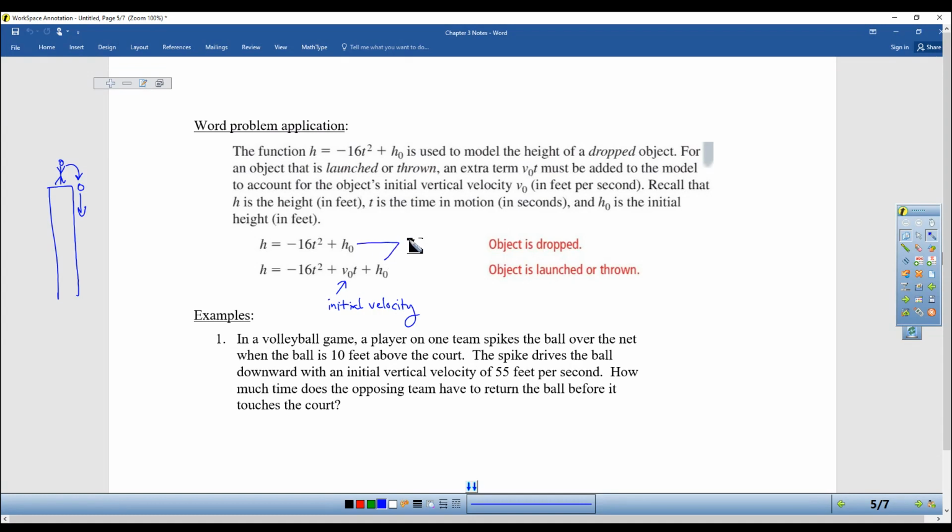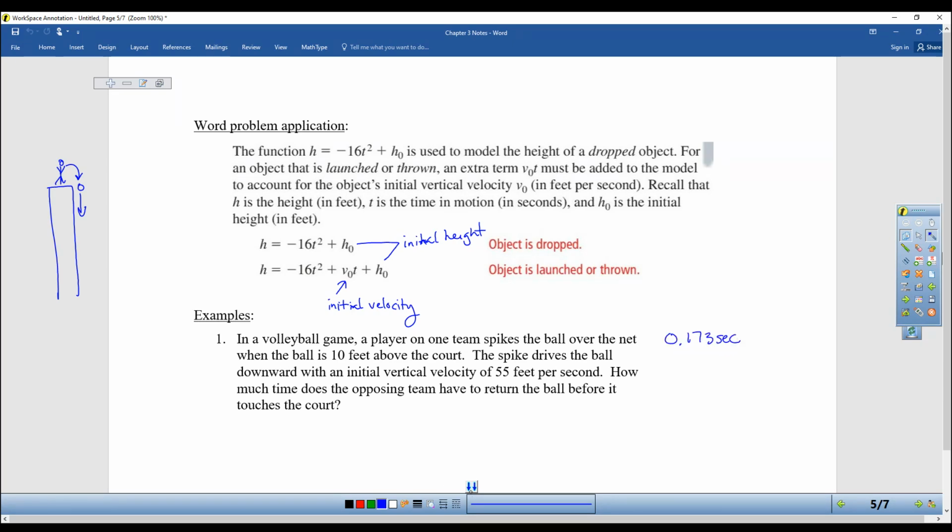In both cases, this is the initial height. And this formula gives you the height over time. So we'll do a problem together and then you can see. Although if you feel like trying it on your own, the answer is 0.173 seconds.